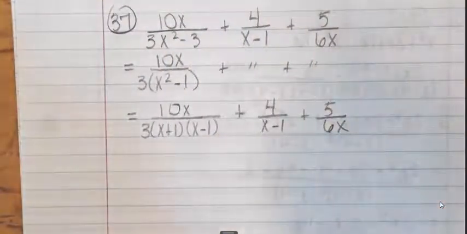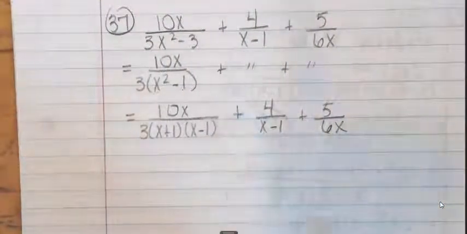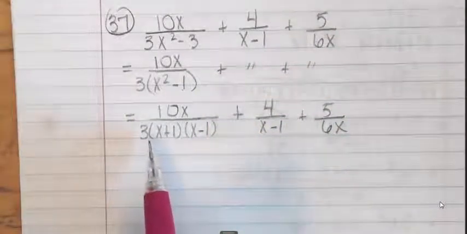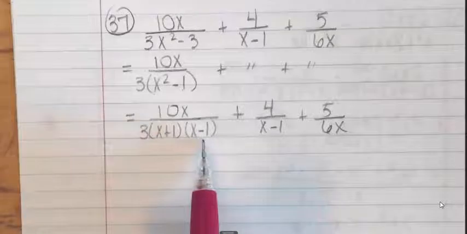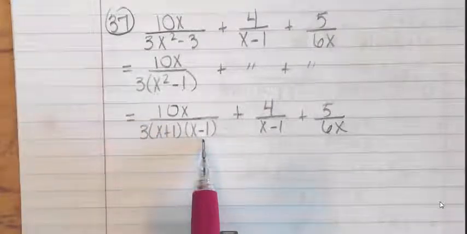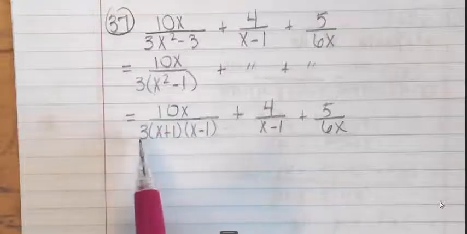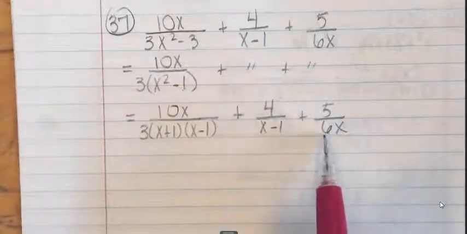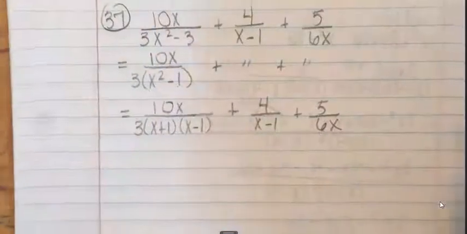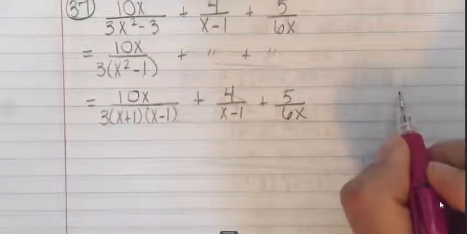Okay, so let's see here. Trying to find my least common denominator. Well, I know that basically they need to have an x plus 1 and an x minus 1. However, they also need to have, well, 3 times 2 would give me 6, and this one has a 6. So I think it's going to have a 6. So I'll just write over here what I'm thinking our least common denominator is going to be.